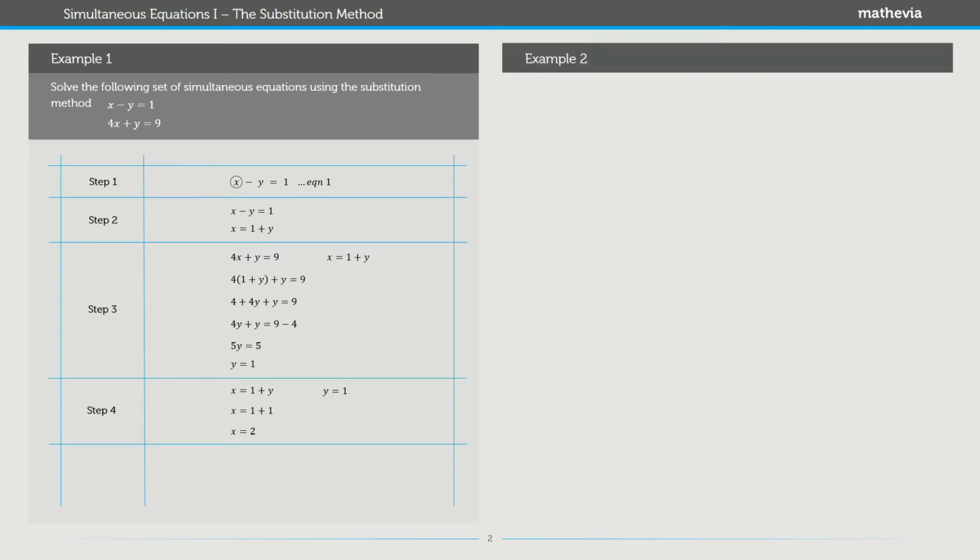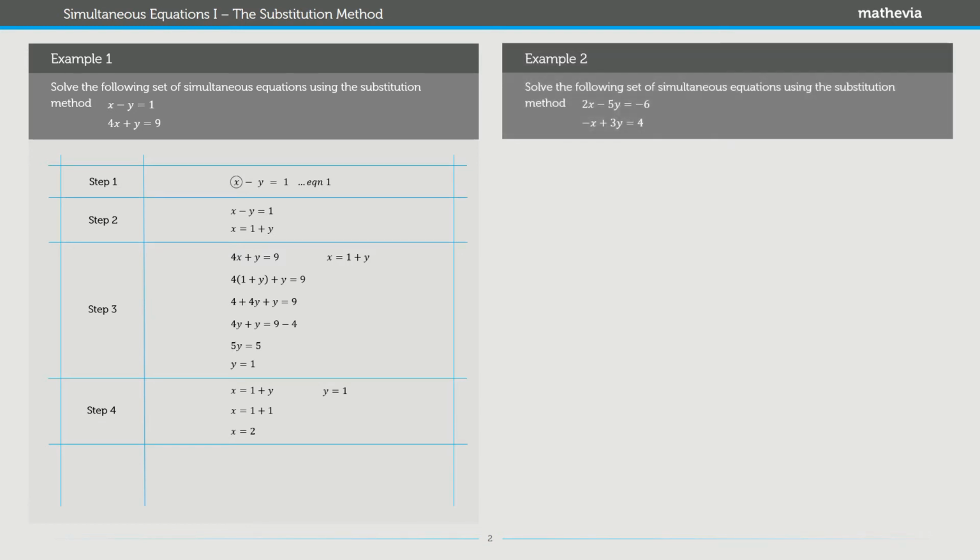So let's do one final example, example 2. We have to solve the set of simultaneous equations using the substitution method. What we have here is 2x minus 5y equals minus 6, and minus x plus 3y equals 4. First thing we're going to do is select an equation and select a variable.